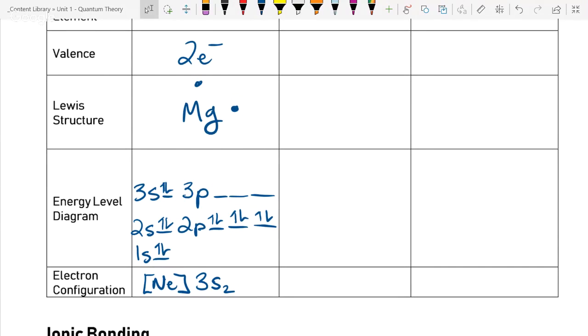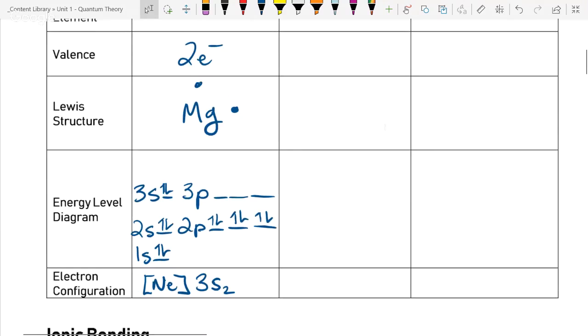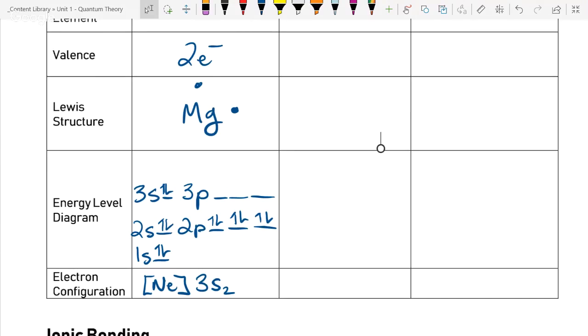All right, and what I want to show, well, we'll do one more, then we'll talk about it. What about nitrogen? How many valence electrons in the old sort of octet way of thinking would we say nitrogen had? 5. What would its Lewis structure look like then?